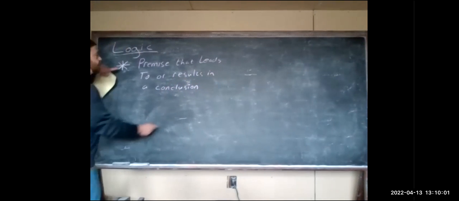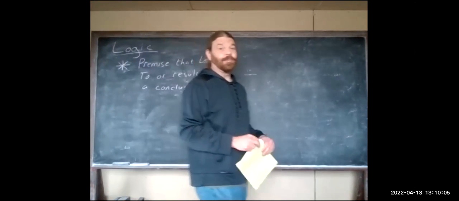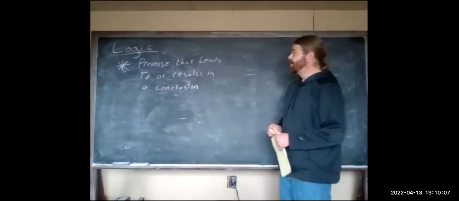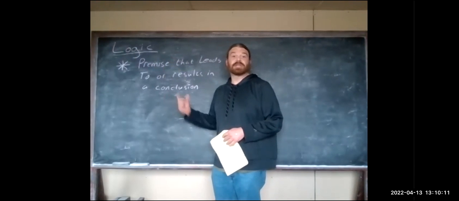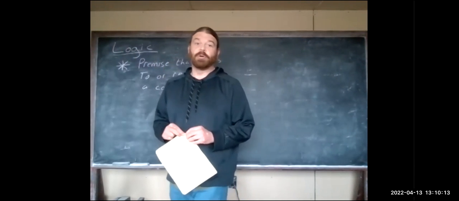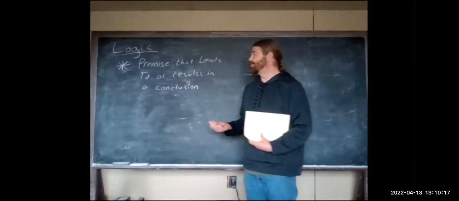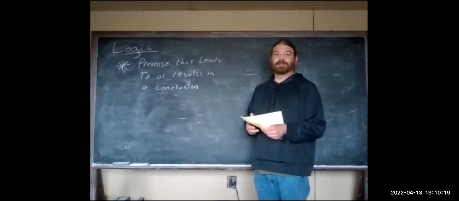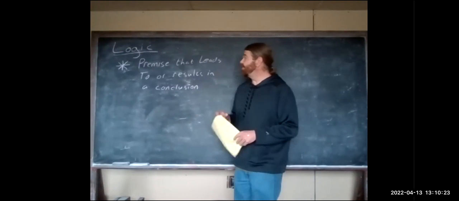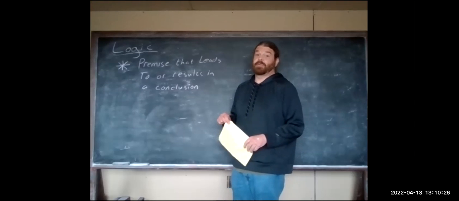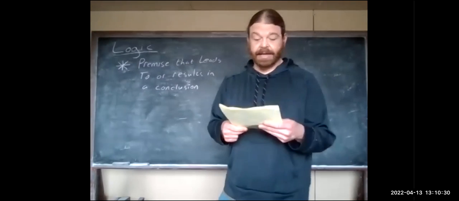And both of those words can be plural. We're going to have premises, more than one premise, more than one observation of facts that result in the same conclusion, or multiple conclusions, but we're introducing the topic here, so we'll do it in singular form, and then the plural should follow obviously from that. So that's the definition of logic as it applies everywhere. A premise leads to or results in a conclusion.